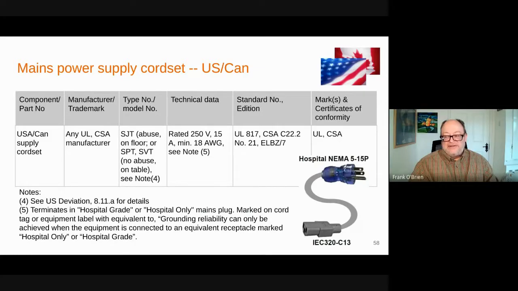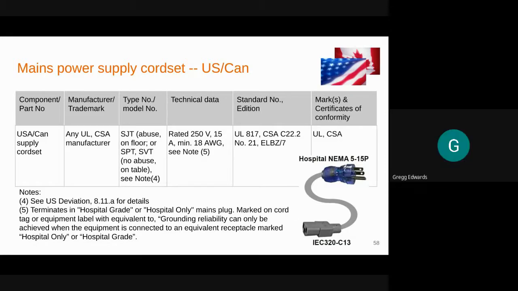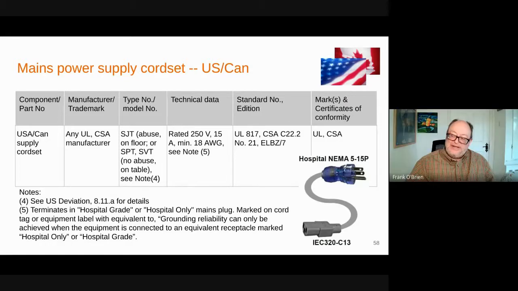NEMA always rates things as 125 or 250. Just a little gotcha type of thing, like, oh, damn, I didn't really see that coming. Well, the plug configuration's rated for 125, but it doesn't mean this cord's rated for 250.